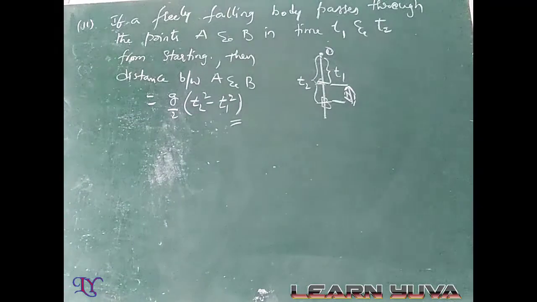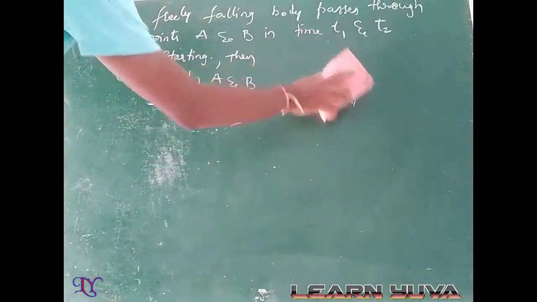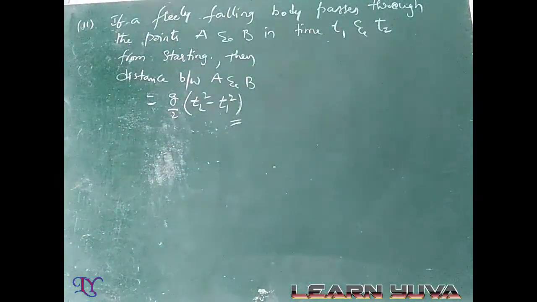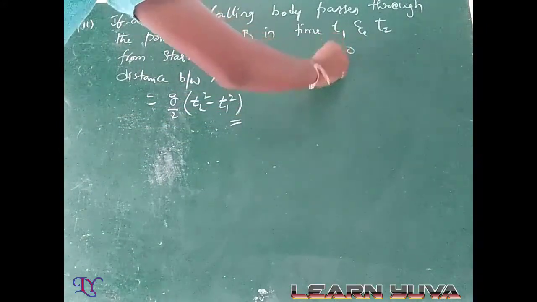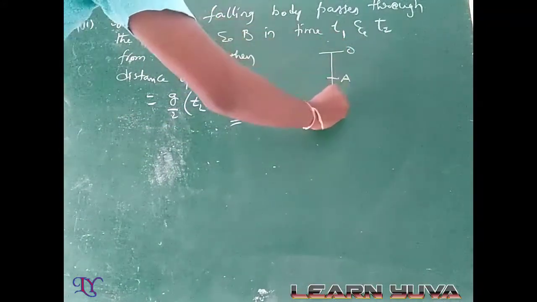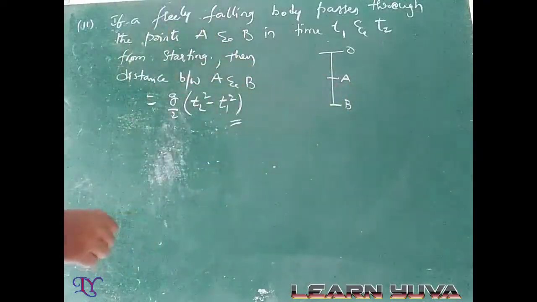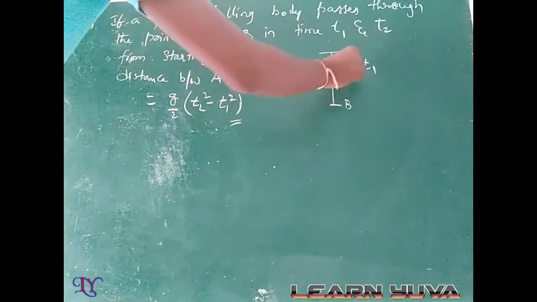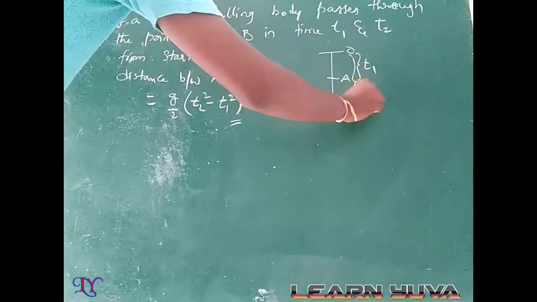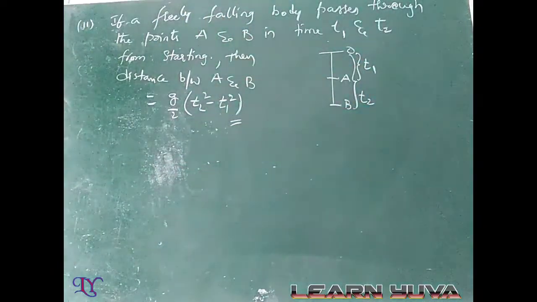So here I am again saying this: a body is falling freely from a certain height, that is the starting point. This is the point A and this is the point B. To reach the point A, it took t1 time. To reach the point B, it took t2 time.